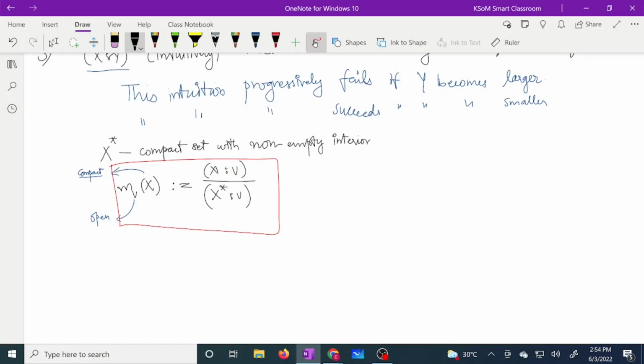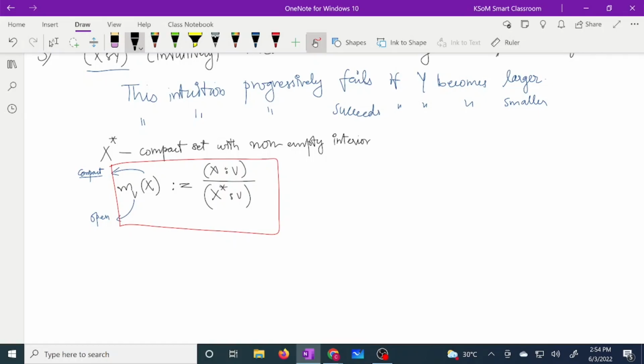Now we have hopes to let V go to 0. So if V is becoming smaller and smaller, the numerator will go to infinity, but at the same time the denominator will also go to infinity, because x star is again another compact set with a non-empty interior.